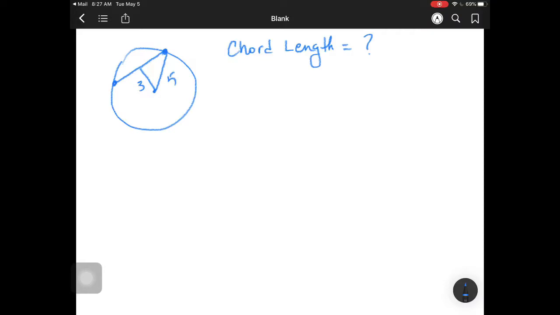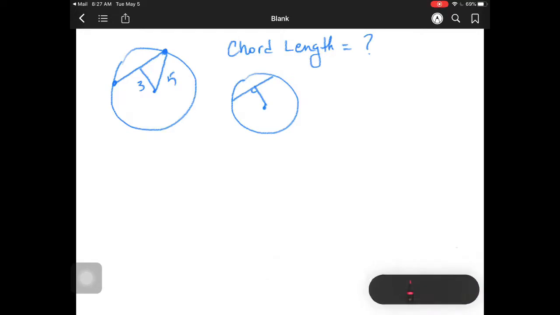What you need to know is that when you draw a perpendicular distance from the center to a chord, this will intersect or cut the chord in its midpoint, which means that this part equals this part. These two parts are equal. So here we can apply the Pythagorean theorem and discover that this half of the chord is 4.